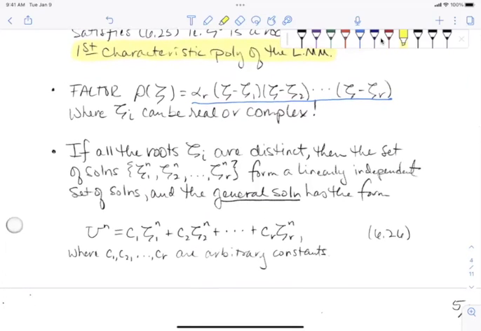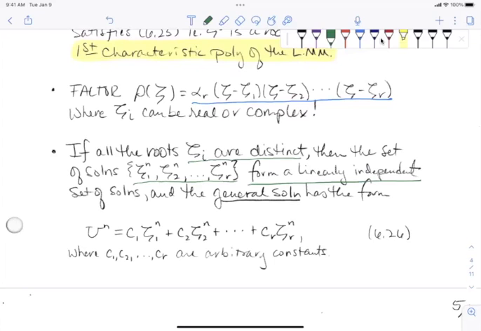If I'm looking at roots of my polynomial, then I take those roots, raise them to the nth power. Those guys are solutions of my linear difference equation. And you'll just have to take it on faith here that if you have distinct roots of your polynomial, then these solutions form a linearly independent set of solutions to your difference equation.